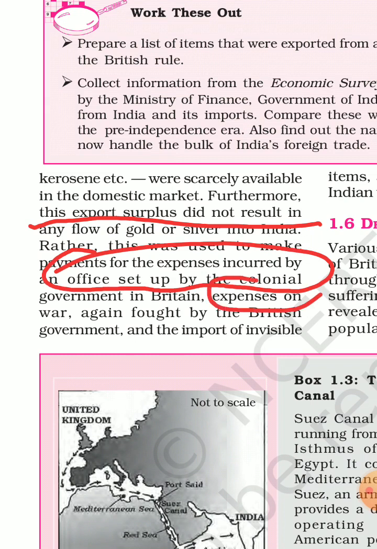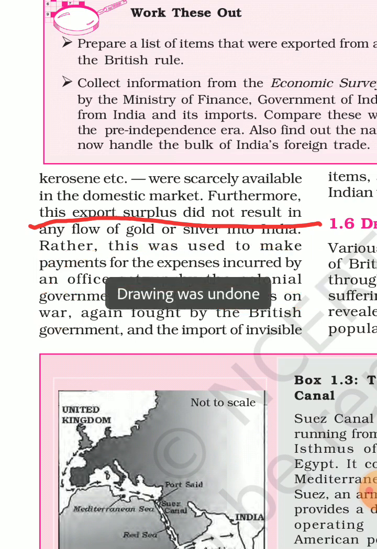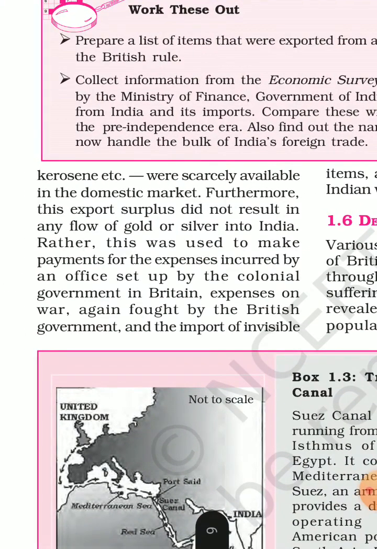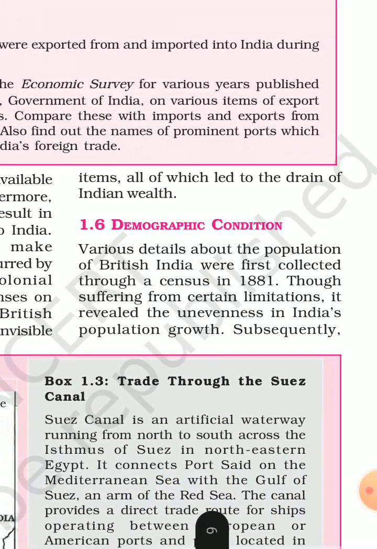Expenses on war. The surplus which they used to get was spent on wars which they were fighting with different countries. So this is how India's foreign trade was misused. It was not used for India's benefit.